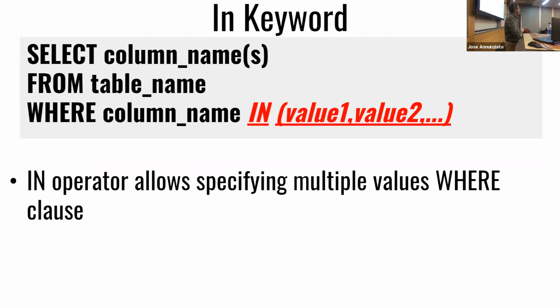Then you can use the in operator, where you give it a vector, or a list of values, by which your attribute or your property will be compared, right? For instance, you could say, this column name, I'm going to compare to see if the value of that column is any one of those values in the vector.